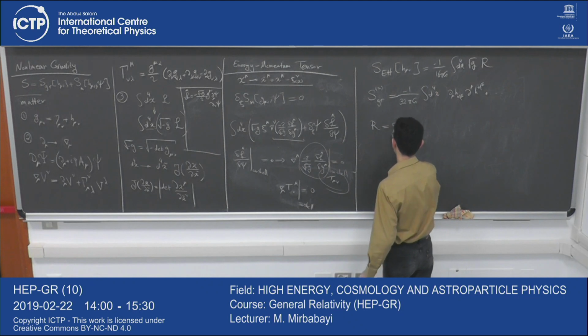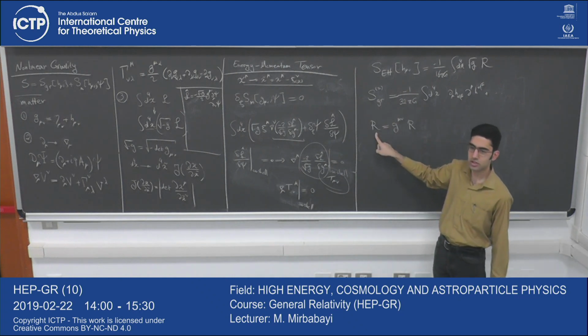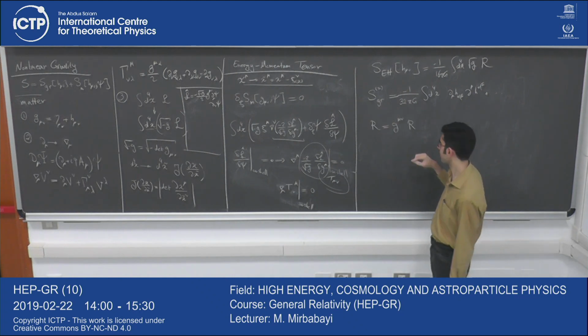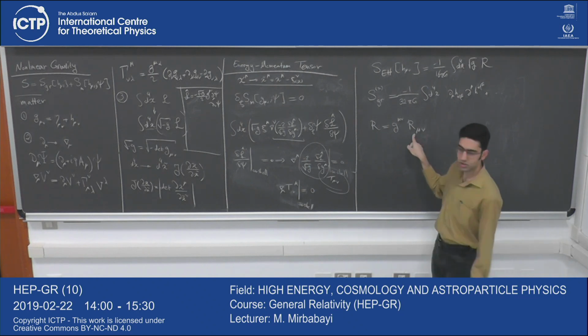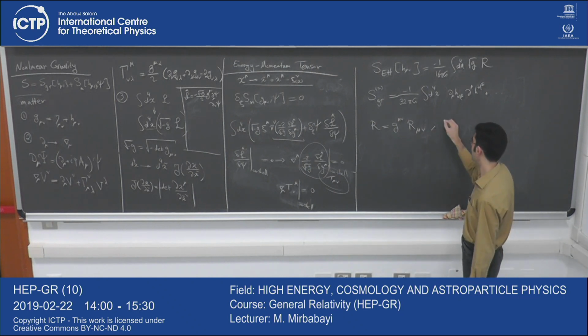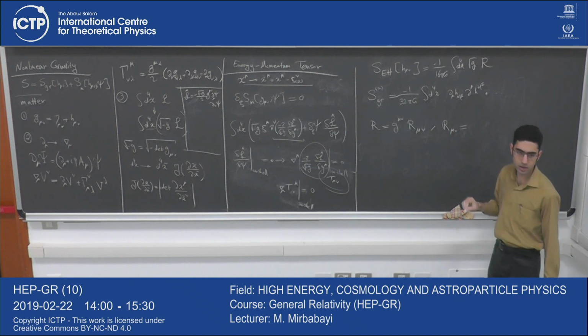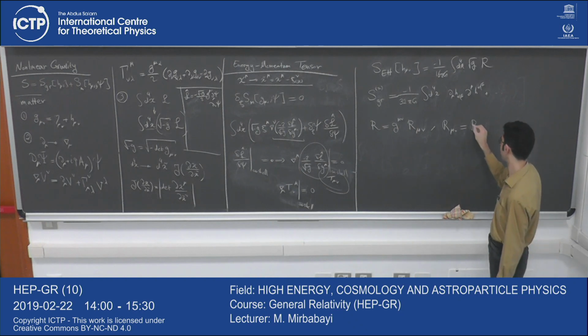R is something made of the metric. R is called the Ricci scalar, which is equal to the trace of the Ricci tensor R mu nu. And the Ricci tensor R mu nu itself is defined in terms of some other tensor called the Riemann tensor.